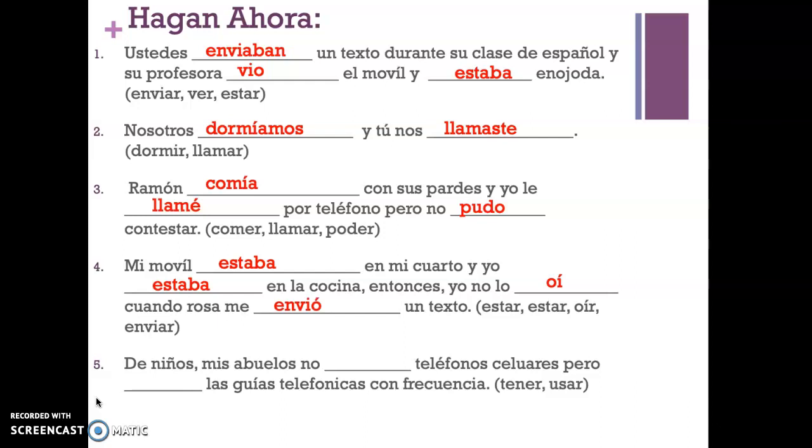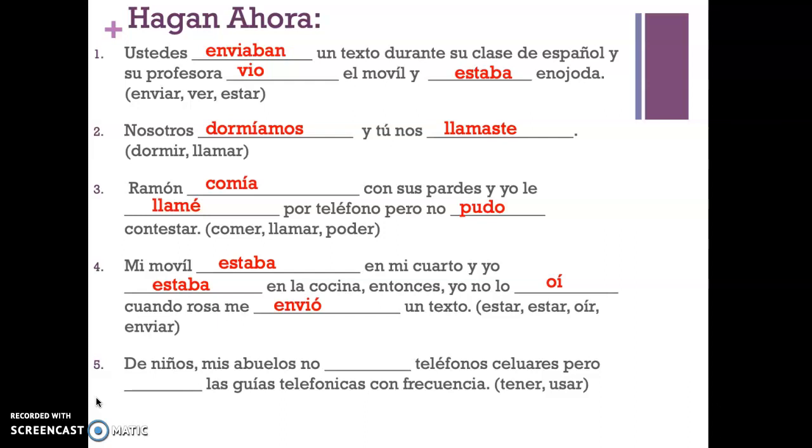So you can see the start of this one was in the imperfect tense, and then it finished up in the preterite tense. I started by telling you the background information, the setting, where I was and where my phone was, and then I ended by telling you that's the reason why I didn't hear her text message, all single events.